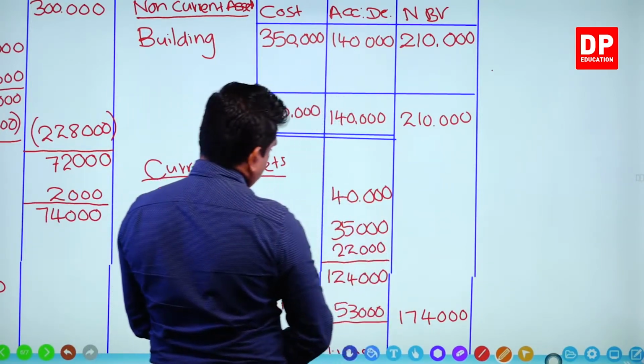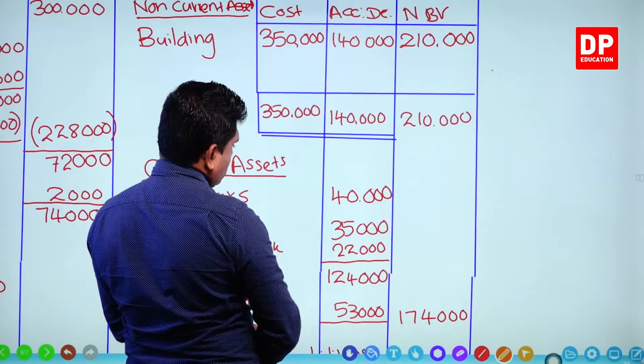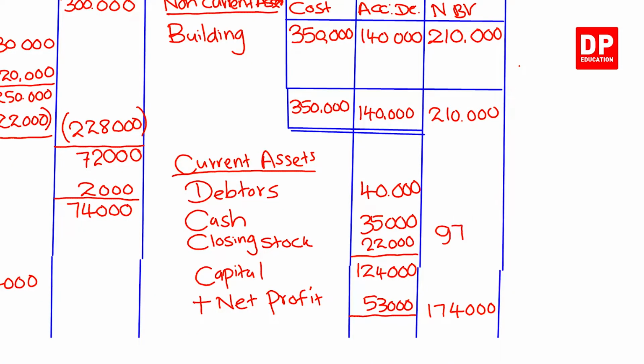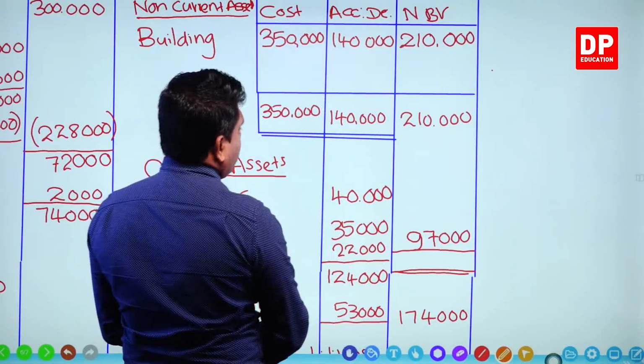Okay. Now you get only the current assets total, 97,000. 97,000 is the current assets. Non-current assets say how much? Non-current assets 210,000.